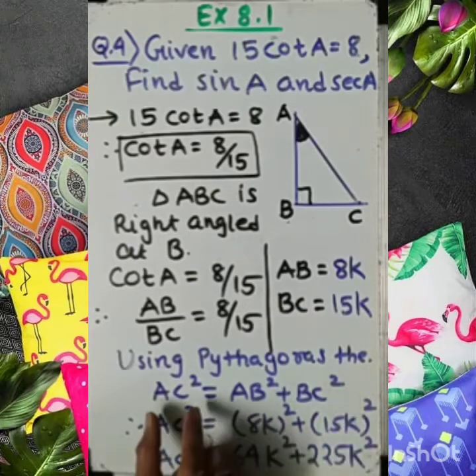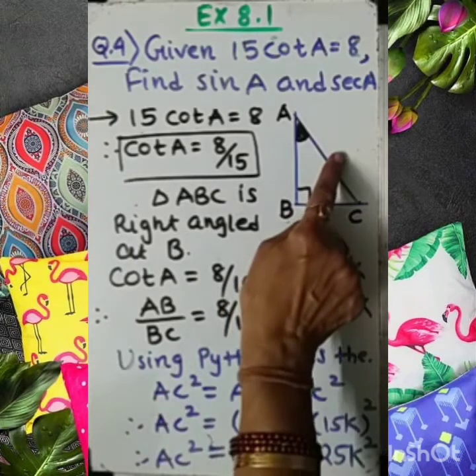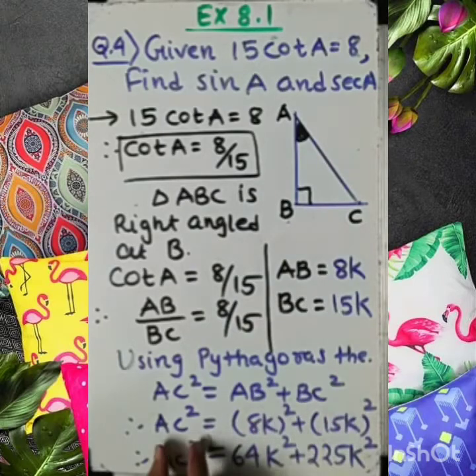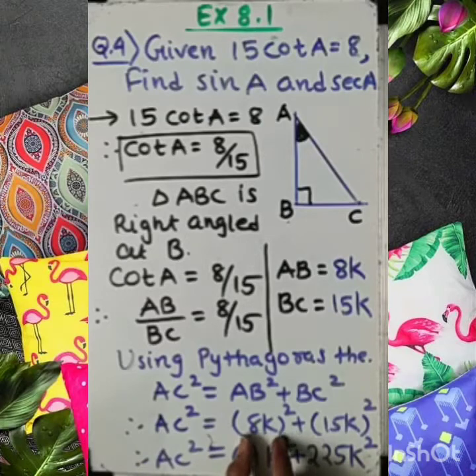As you know, the Pythagoras theorem says AC square equal to AB square plus BC square. We do not know the value of AC, so keep it as it is, but the value of AB is 8K, so it becomes 8K whole square. This will become 15K whole square. 8 square is 64K square, since 8 into 8 is 64. And 15K whole square is 225K square.